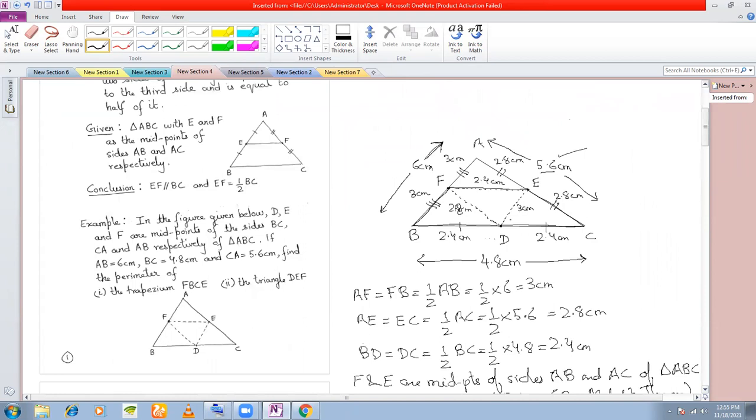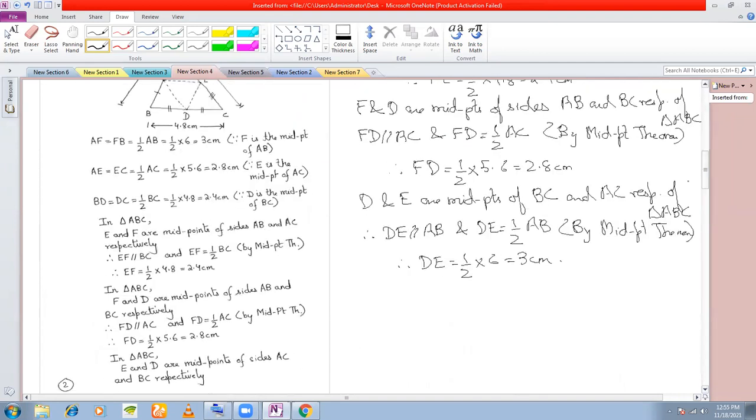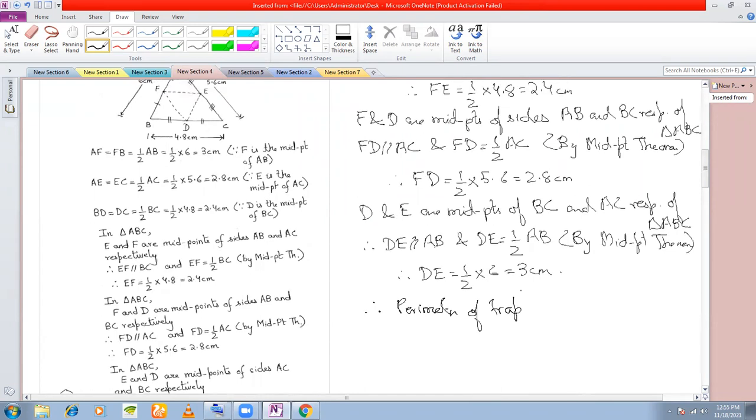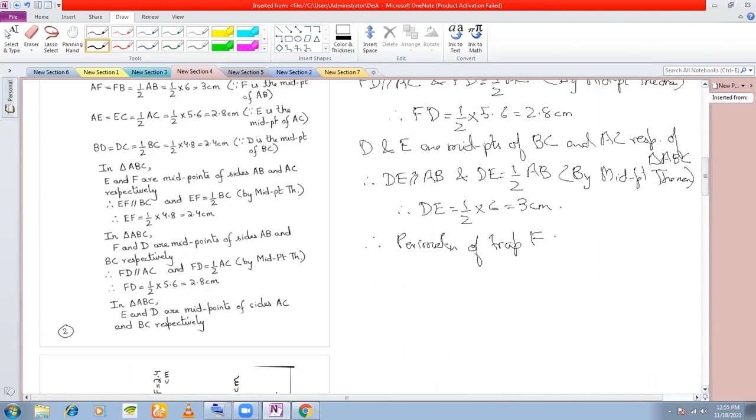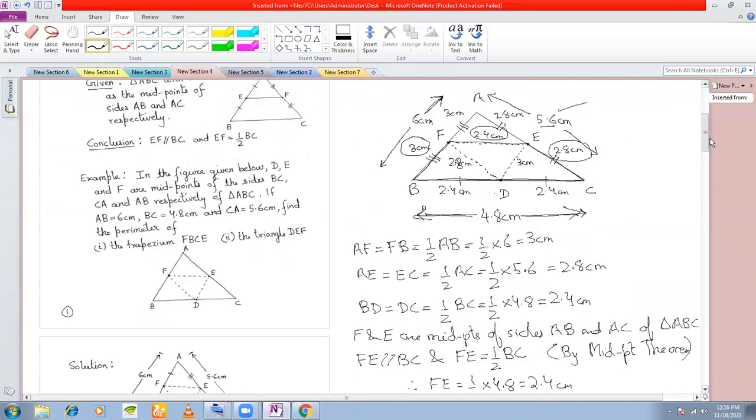So what should be the perimeter of this? Now can we get the perimeter of this trapezium? Yes, 3 centimeters plus 4.8 centimeters plus 2.8 centimeters plus 2.4 centimeters, right? So therefore, perimeter of trapezium FBCE is equal to, what lengths are there? Write the lengths first.